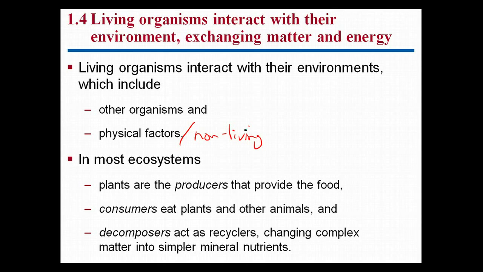That's an interaction with something that's not living, or it's a physical factor. In most ecosystems, plants are the producers, consumers is what we are because we eat the other stuff, and then decomposers are the recyclers. So producers, plants, consumers, animals, there's some plants that do, and then decomposers are like the fungi and stuff like that, and some kinds of bacteria.